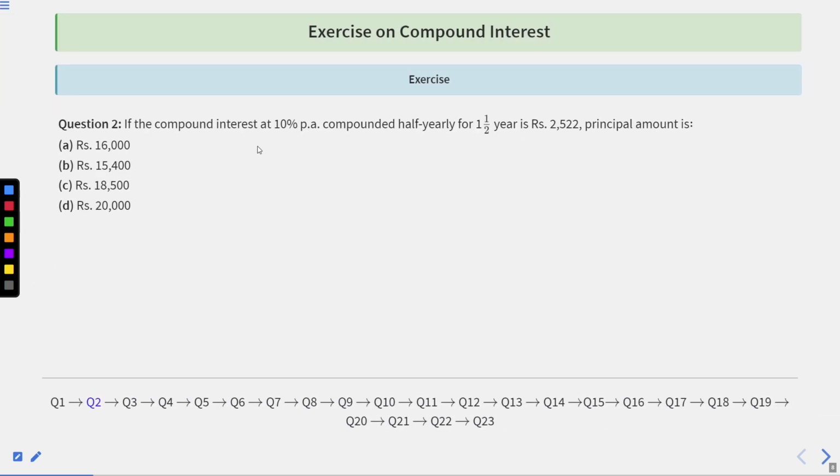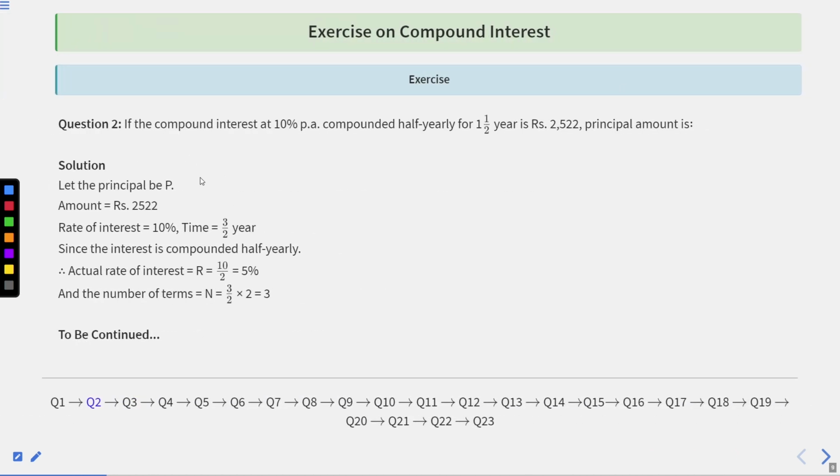Question number 2. If the compound interest at 10% per annum compounded half yearly for 1/2 year is rupees 2,522, then the principal amount is.